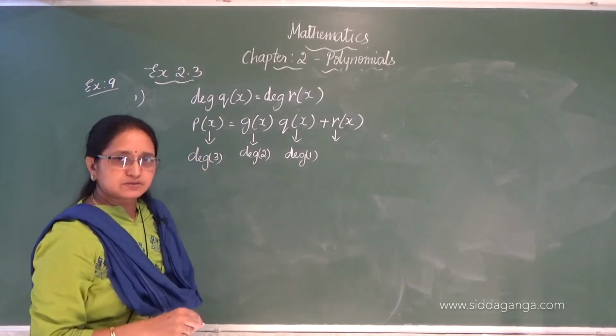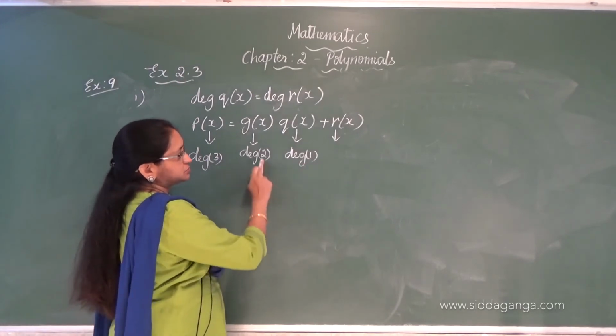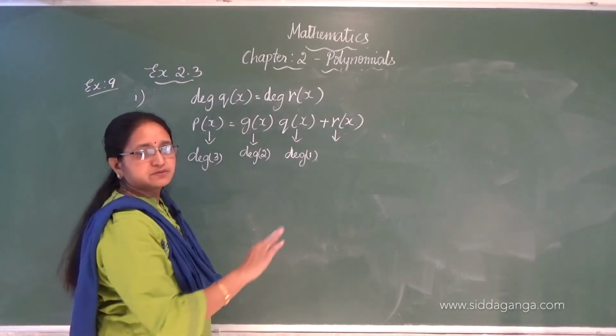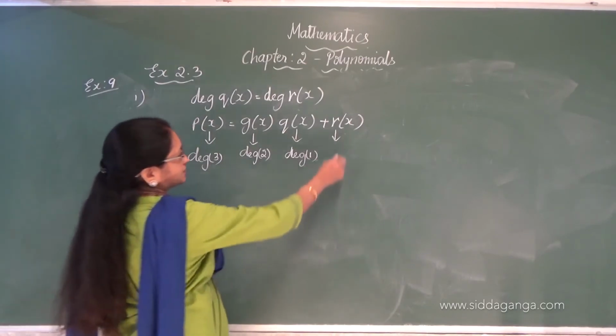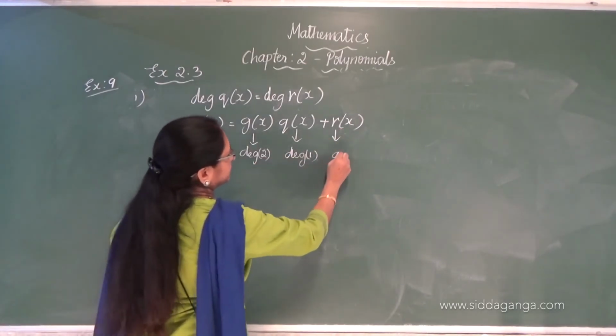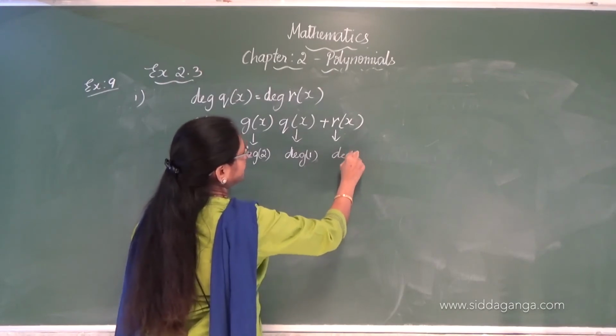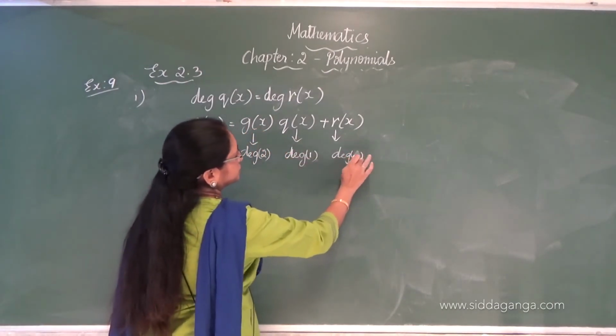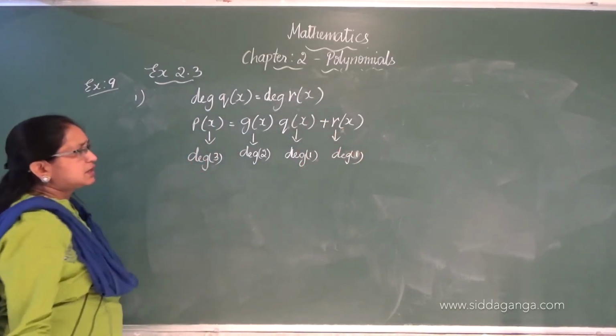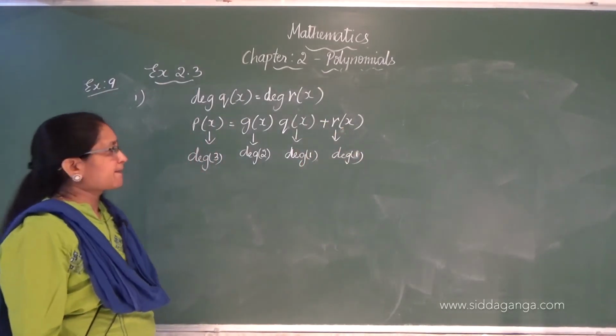I hope you understood why. See, 2 into 1, means you add the degrees, 2 plus 1, so definitely this will be 3. Now r of x also should have degree 1, because they are asking that q of x and r of x should be of degree 1 only.